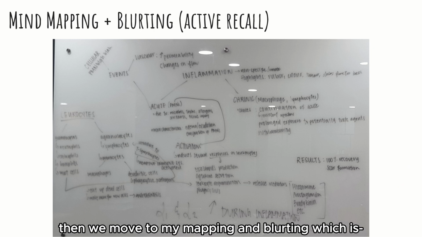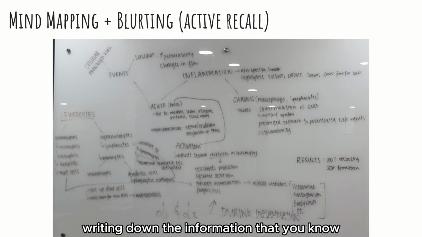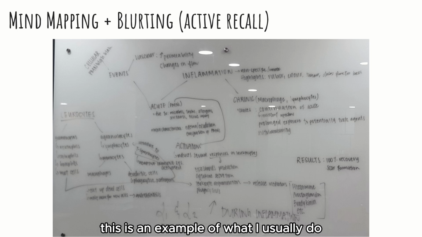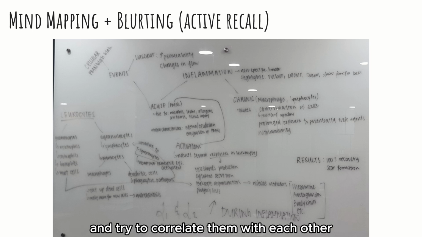Then we move to mind mapping and blurting, which you can consider as active recall. Blurting is basically writing down the information that you know without looking at the notes or the slides. This is an example of what I usually do. I just brain dump all the information I remember and try to correlate them with each other, which is basically like mind mapping.